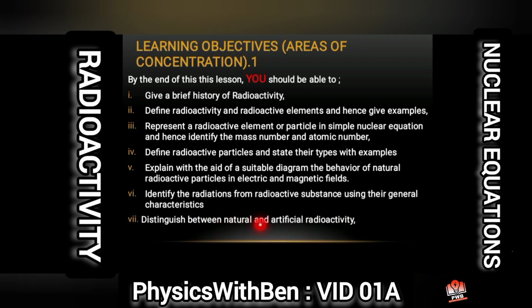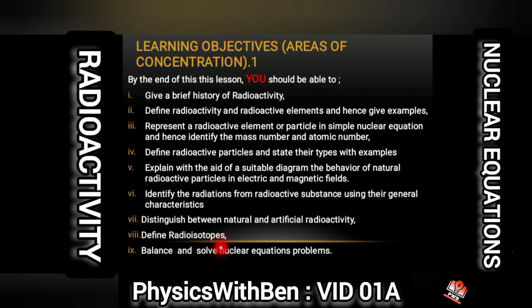Distinguish between natural and artificial radioactivity. Define radioisotopes. Balance and solve nuclear equations problems. So these are the learning objectives in this first part of this course. So let's proceed.